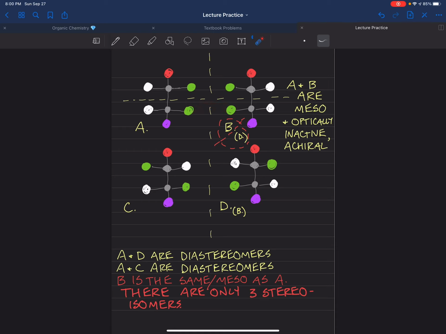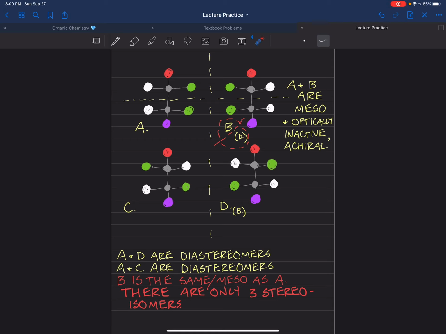That's again diastereomer. Anything that is not a mirror image. Okay, so this one is really only going to have three. This is a good question, whether this has to be red or not. I'm going to ask him that.